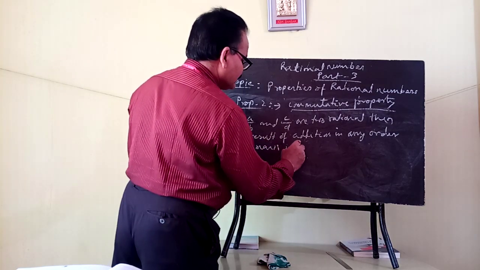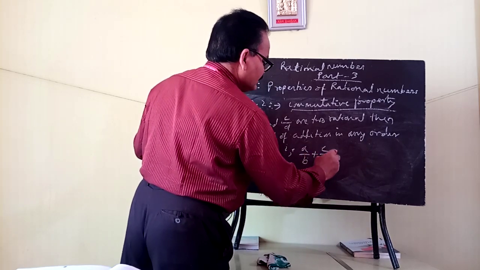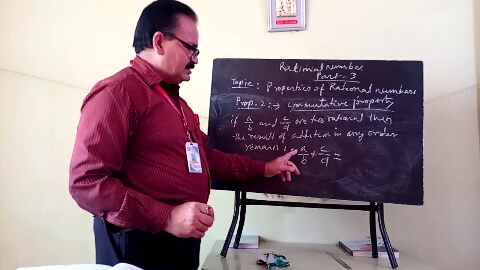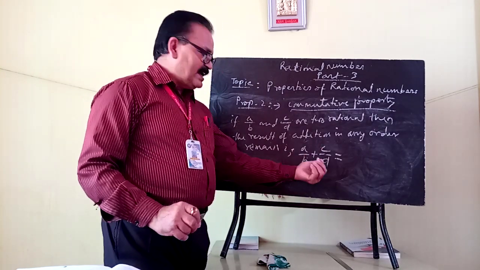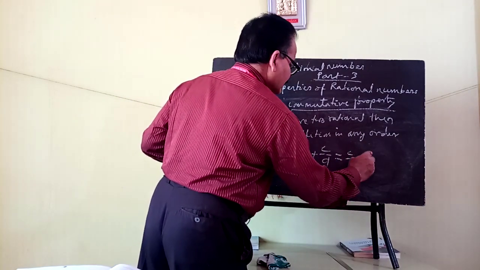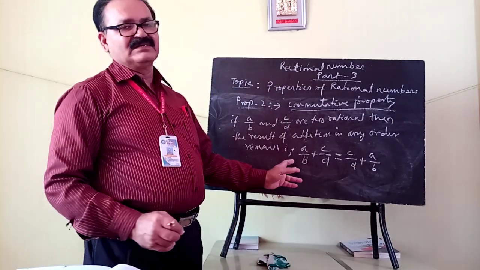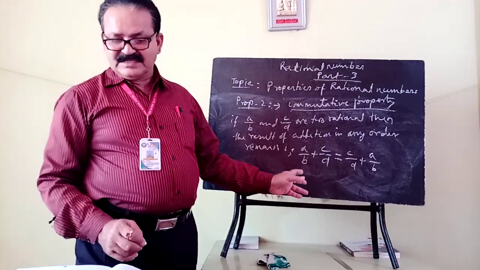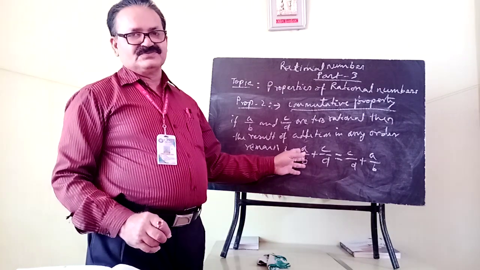That is A by B plus C by D. Suppose first rational is your A by B, second rational is your C by D. If we will add first C by D with the second A by B, then the same answer you will get. So that means commutative property for addition is true.